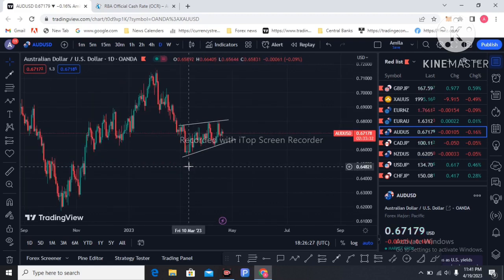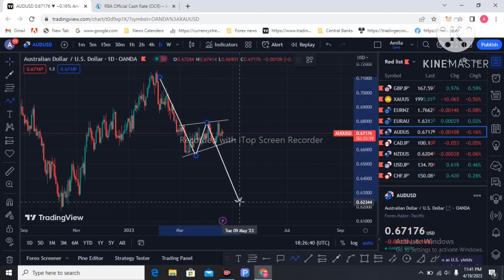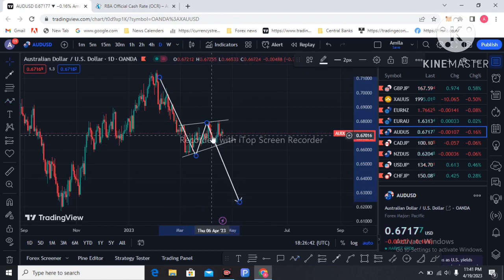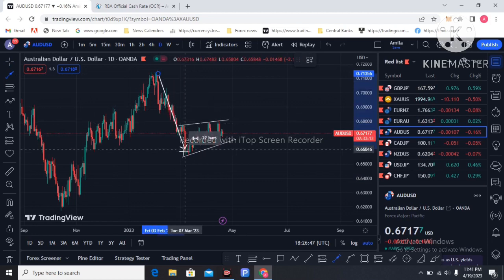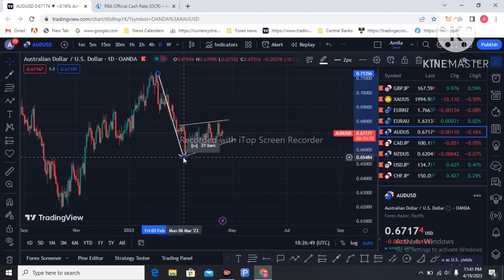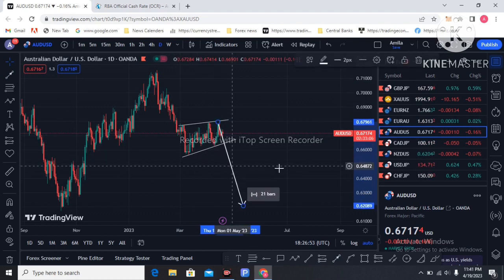So on AUDUSD I am seeing a sell opportunity, a sell trade for your long-term opportunity. The pattern I am seeing on the daily chart is the bearish flag pattern. I am seeing the price will drop to this level, to this level below.